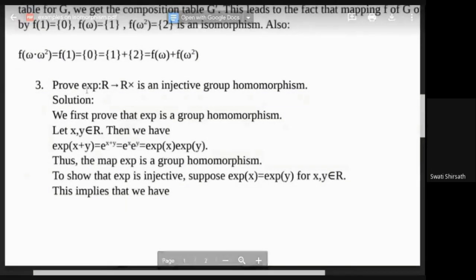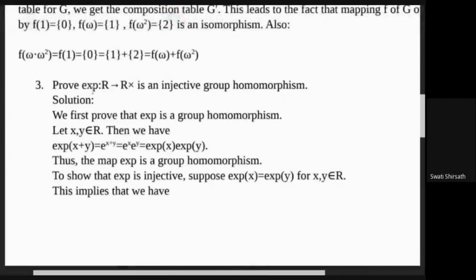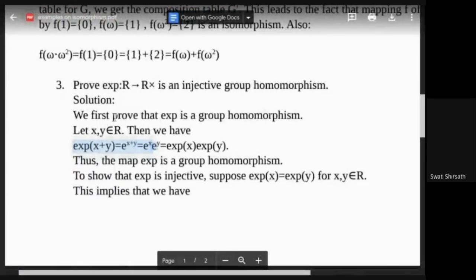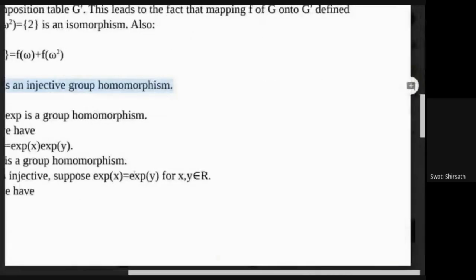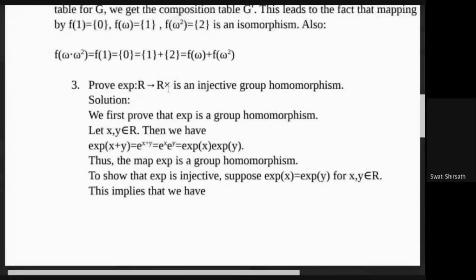So you have to find out which operation is given, which sets you have to consider, and what function is given. This exp is nothing but exponential, e raised to x. Can you get this? Yes, ma'am. So that is our function f of x is equal to e raised to x. Then our domain is R, the set of real numbers, and our codomain is also R. But the operation given here is multiplication. R cross is there.